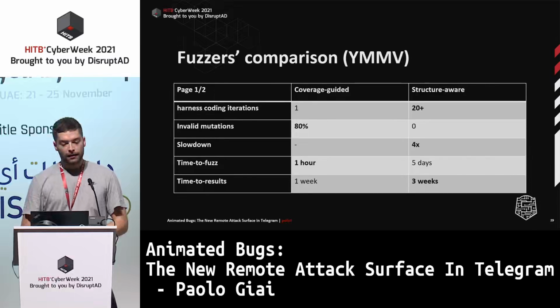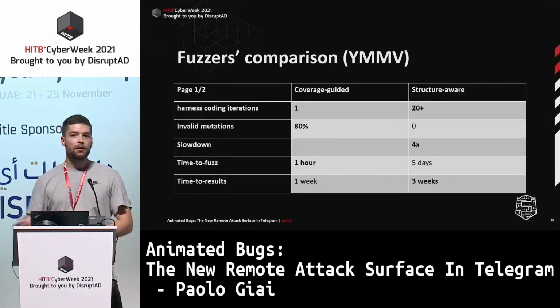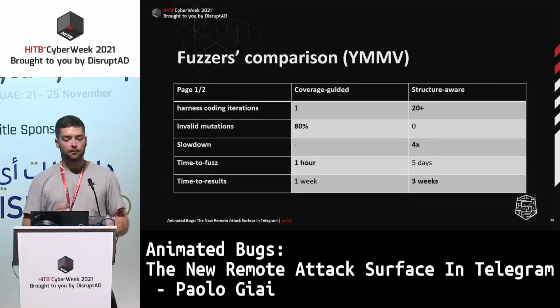As you can see, I had quite some coding iterations for the harness, because in coverage guided I just needed to parse it from the file system or a string, load it in memory, parse it, and then render it, while in structure aware I had to implement all of this Arlotti grammar and protobuf to JSON conversion grammar, so I had to write the harness quite some times.